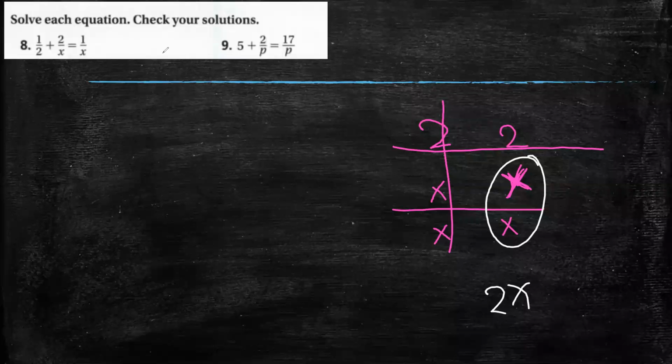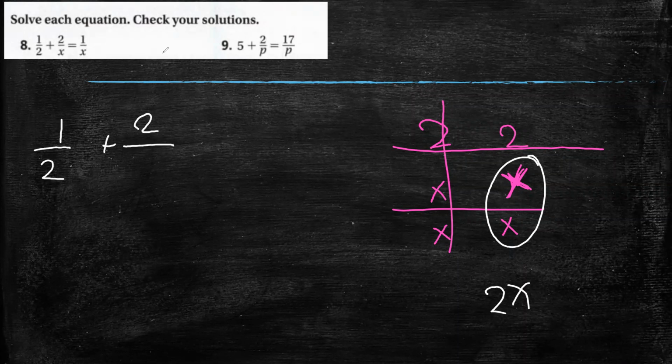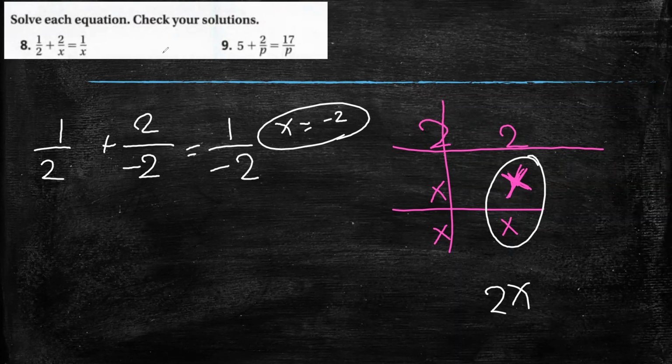Teacher, when we check the solution, is it 1/2 minus 1 or plus 1? It was 1/2 plus 2 over x. I told you that x is -2, so instead of writing x, write -2. Then 2 over -2 is -1.